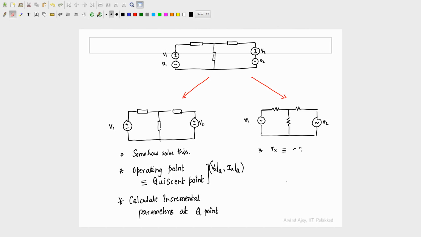So whatever is inside this, let me call that some Rx, each of these, I'm just talking about them in general. This Rx is small signal, weak signal is okay, but I think it's more accurately called the incremental resistance.